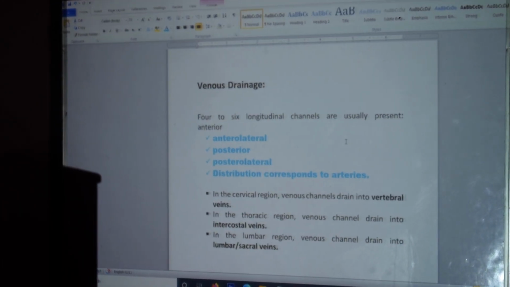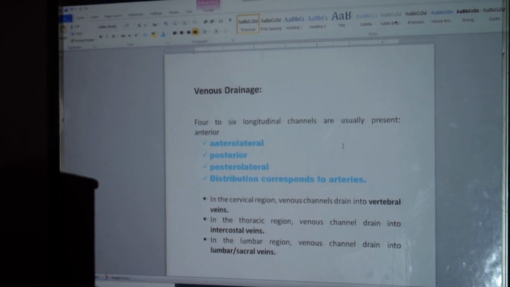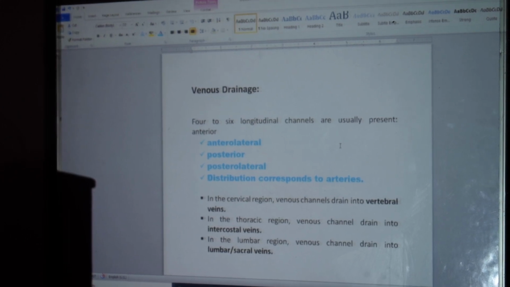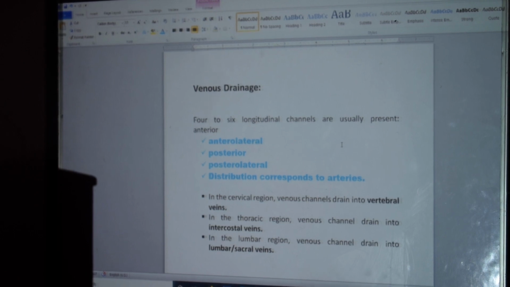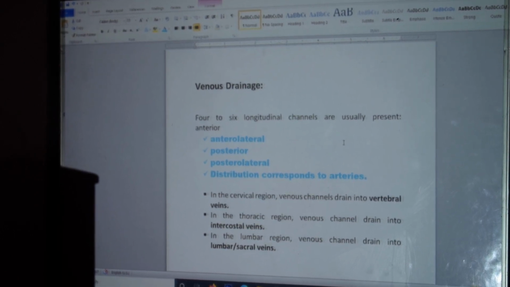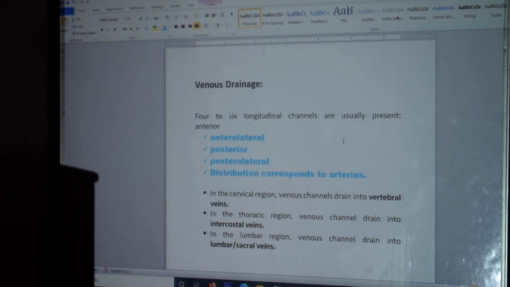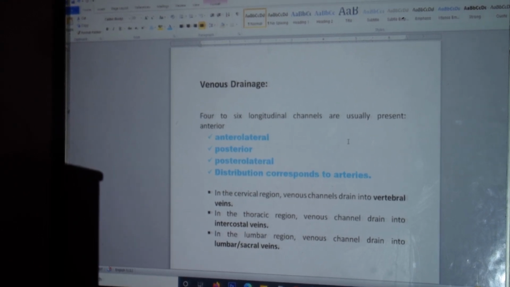Now, as far as the venous drainage of the spinal cord is concerned, it also follows the spinal arteries, but there are 6 longitudinal columns, 2 anterior lateral, 2 posterior lateral, and 1 anterior and 1 posterior, and they correspond to the distribution of the vessels.